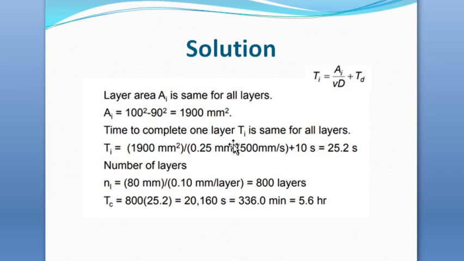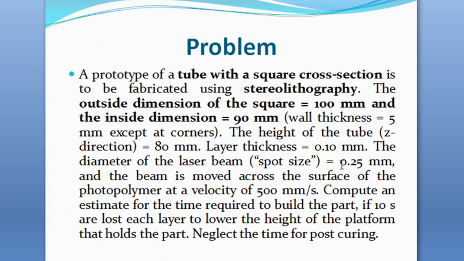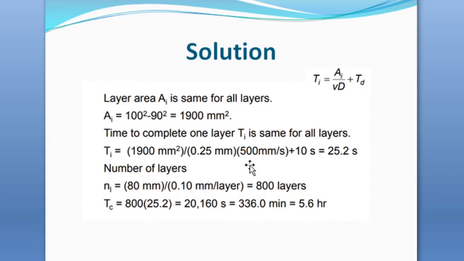The time to complete one layer is the same for all layers. Ti is equal to the area, 1900, divided by the scanning speed 500 mm per second multiplied by the diameter of the spot size D, 0.25, plus the delay time of 10 seconds added for lowering the platform for the next layer.